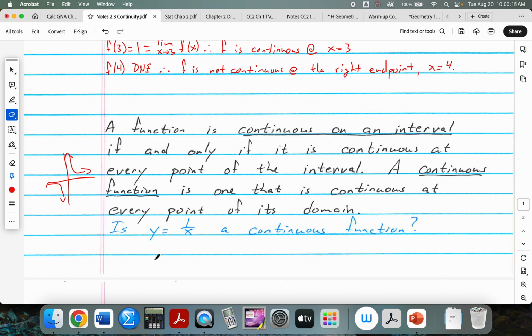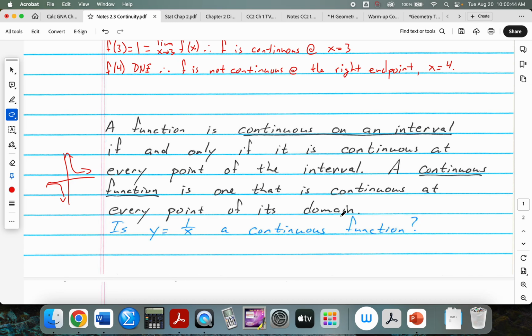Now, personally, I like to say it's continuous on its domain instead of just saying it's a continuous function. I would say that y equals 1 over x is continuous on its domain. And that's true, and everybody agrees with that. When you show somebody this and say, is this a continuous function? The answer is yes, by this definition.